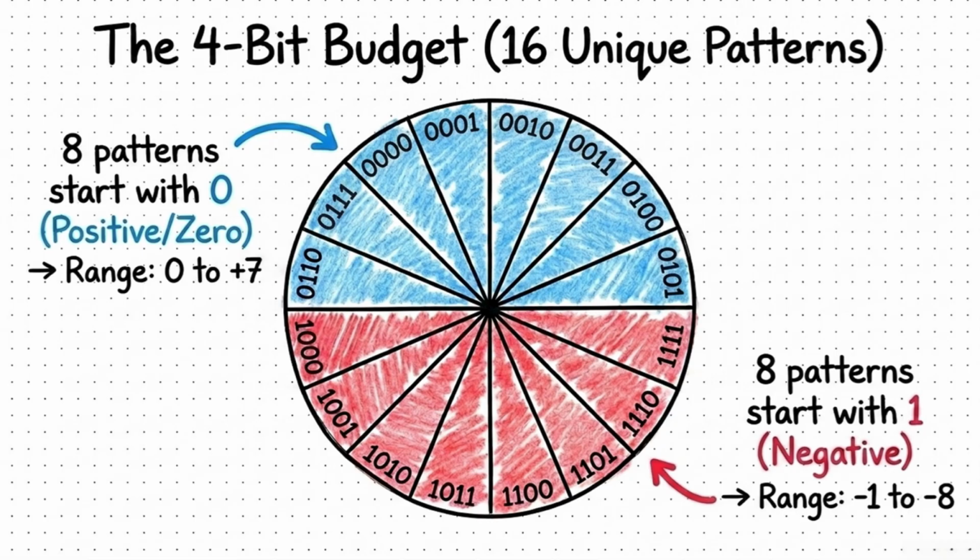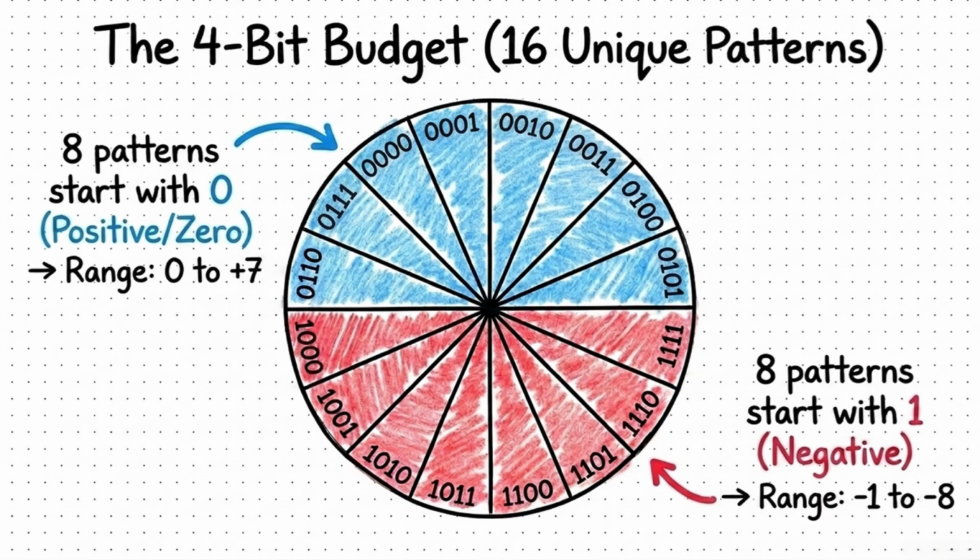Because we use the leftmost bit as a sign bit, we have to split that budget exactly in half for positive numbers and negative numbers. So 8 patterns must start with 0, that is positive, and 8 patterns must start with 1, which would be negative numbers. This is where the range gets interesting.